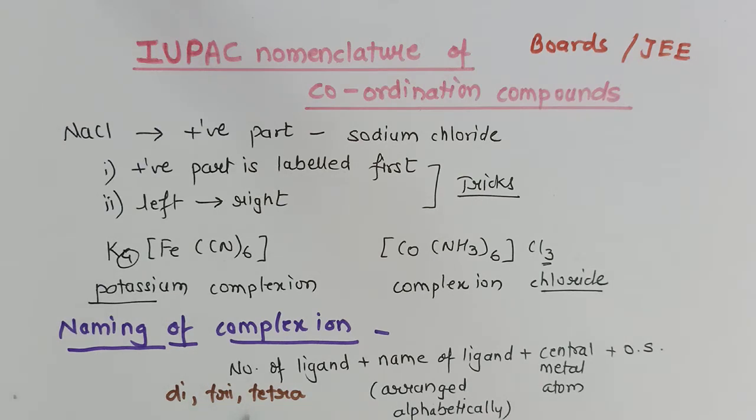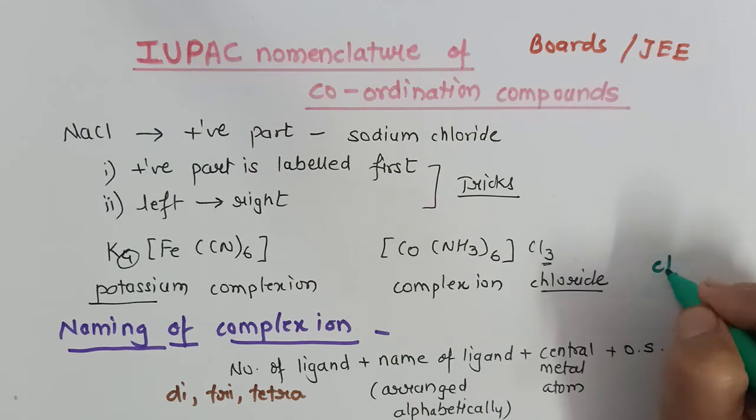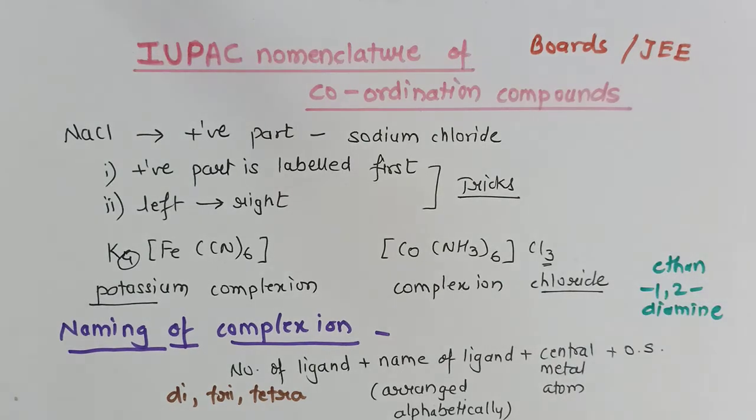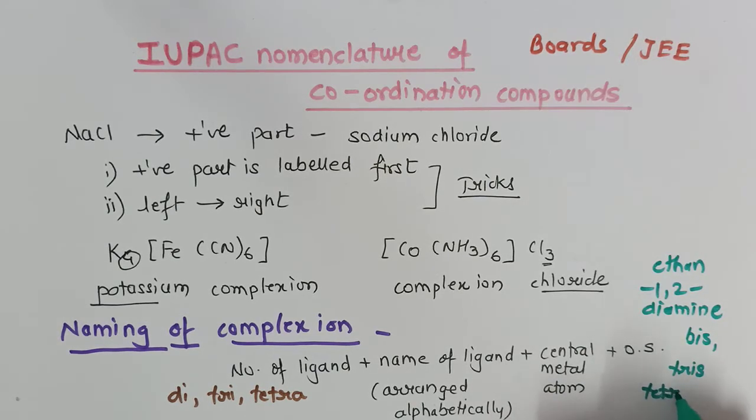What is the exception? If the ligand already has a number in it, for example ethane-1,2-diamine. Now this has already a number in it, so in that case we don't use di, tri, tetra, etc. In that case we use bis for 2, tris for 3, tetrakis, and so on.